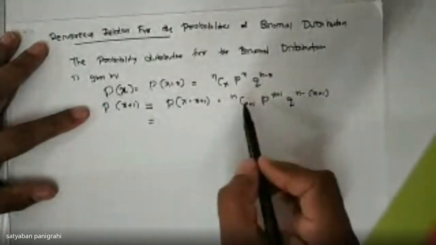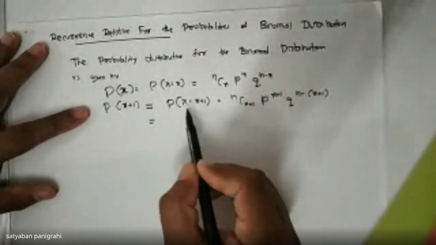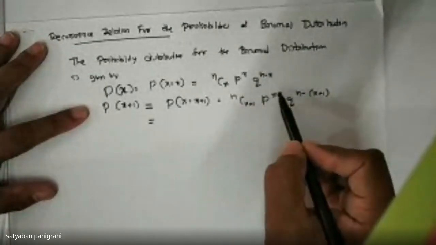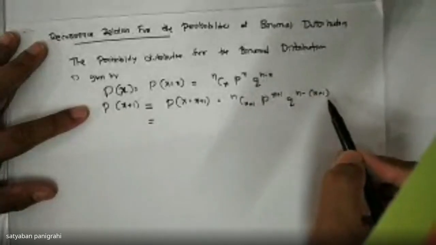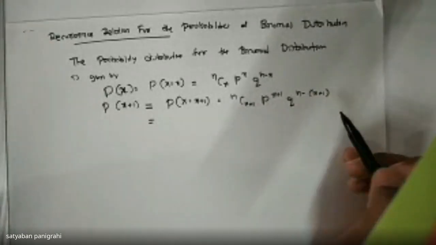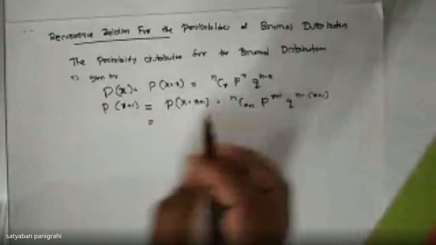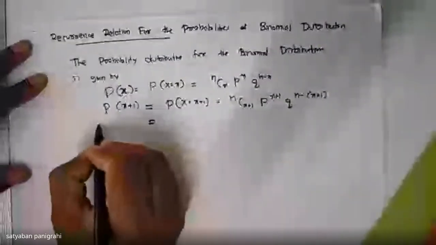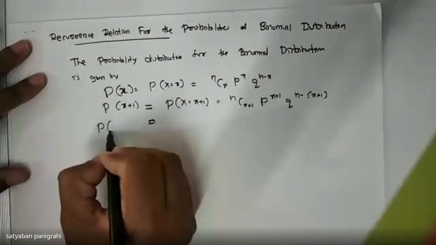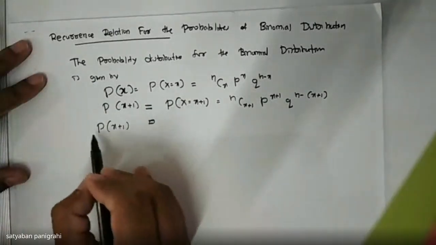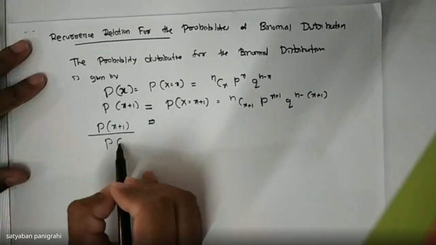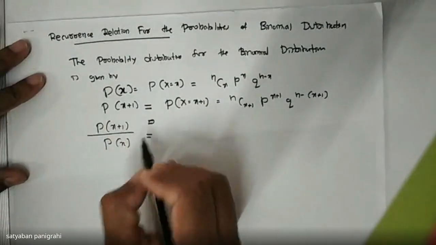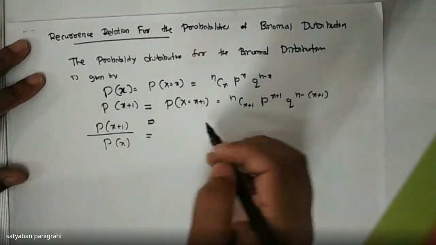So for x plus 1, what do you have to do? X as x plus 1. So nC(x plus 1) p to the power x plus 1 q to the power n minus x minus 1. Okay. Now, what do we do? We simply do one calculation: P(x plus 1) divided by P(x).